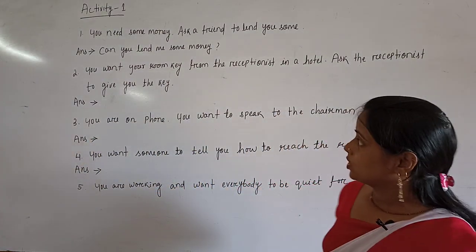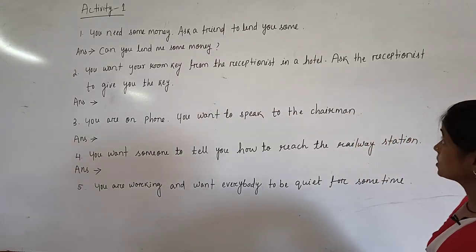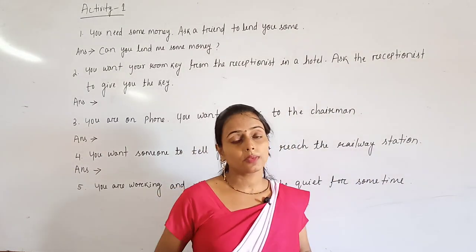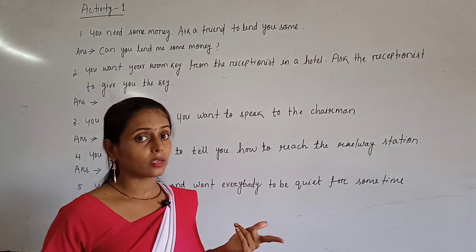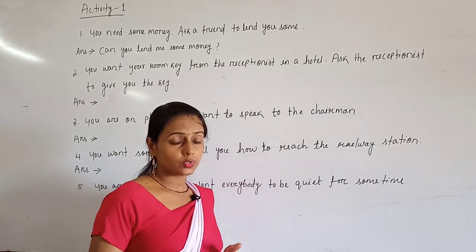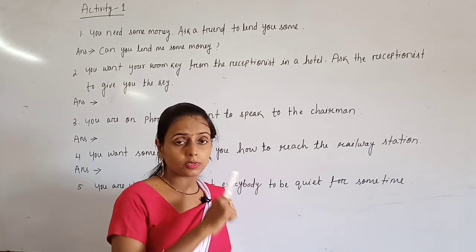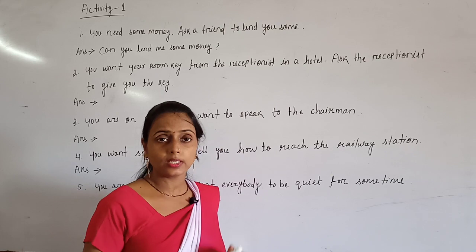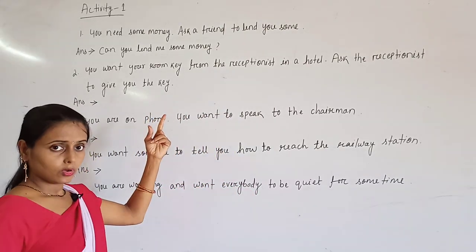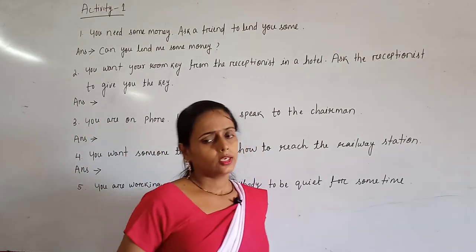Second question. You want your room key from the receptionist in a hotel. Ask the receptionist to give you the key. So here which model is appropriate? This one is also formal because this is not informal. You are talking to someone who is unknown to you, and apart from this you are talking to a receptionist. There must be some formality. You have to maintain some dignity. So here which model is appropriate? May, or could is also you can use, but could is more polite. So may is also correct.